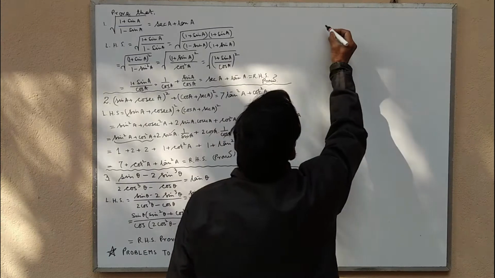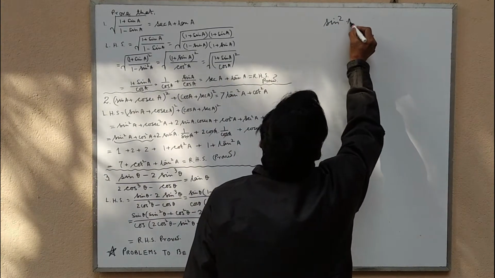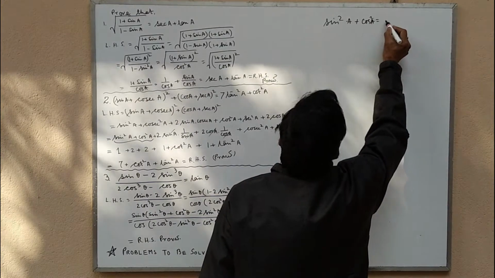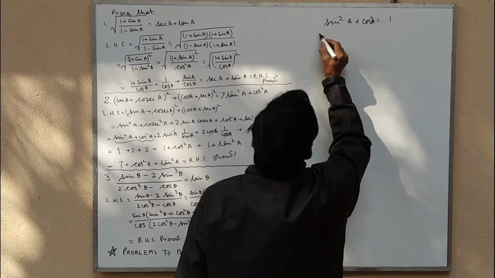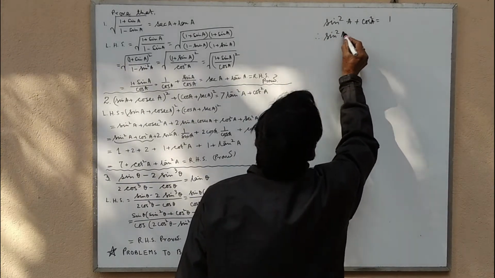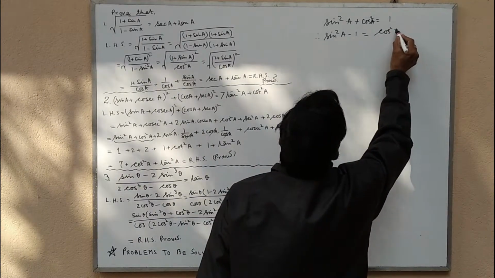Since we know that sin square a plus cos square a is equal to 1, therefore 1 minus sin square a equals cos square a.